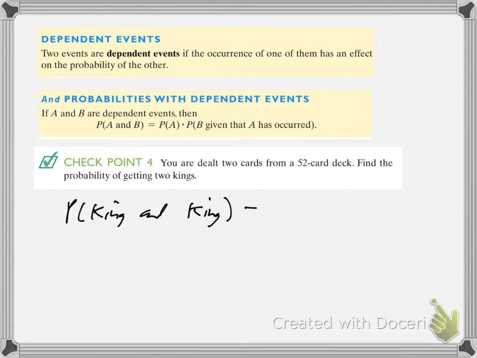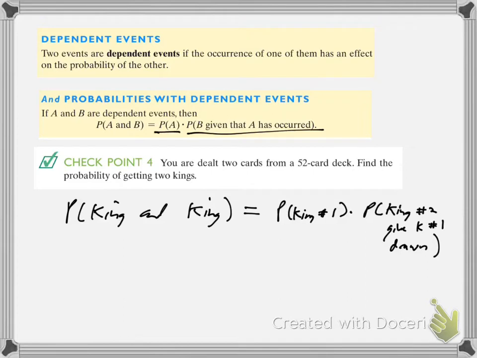So that'd be the probability of king number 1, times the probability of king number 2, given king number 1 drawn. Okay, that's what this formula is saying up here. The probability of A and B is the probability of A times the probability of B, given that A has occurred. So let's take a look at how that plays out.